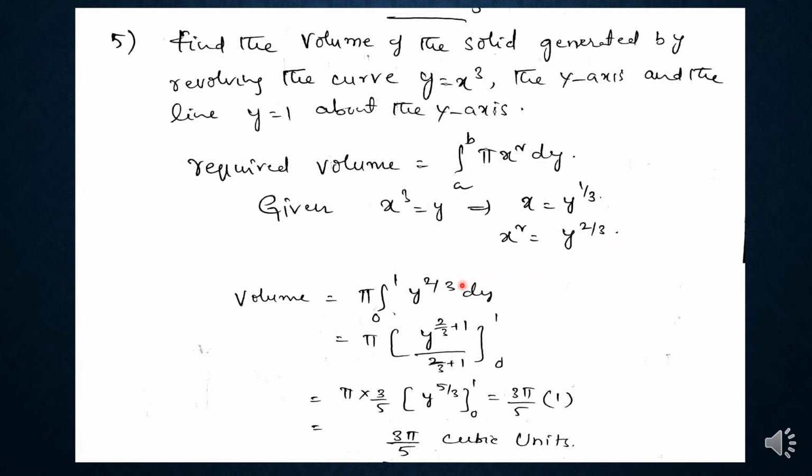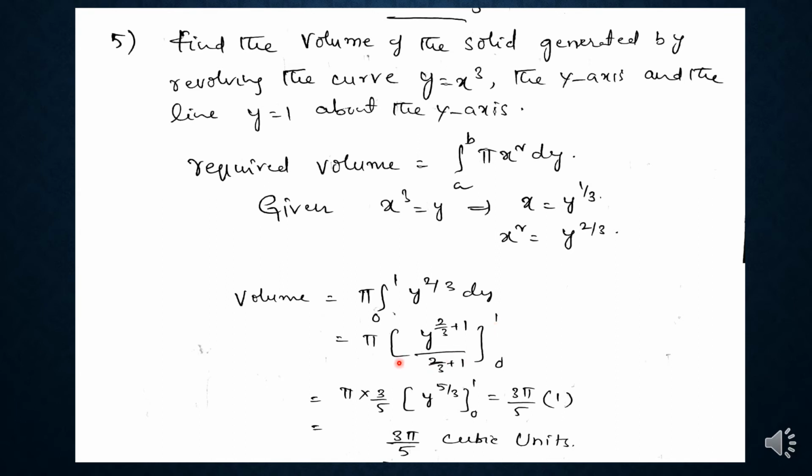So now by substituting, volume equals pi into integral from 0 to 1 of y to the power of 2 by 3 dy. The x square value is y to the power of 2 by 3. Now by integrating with respect to y, we get pi into y to the power of 2 by 3 plus 1, over 2 by 3 plus 1, from 0 to 1.